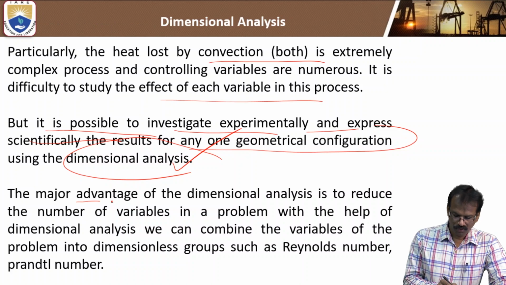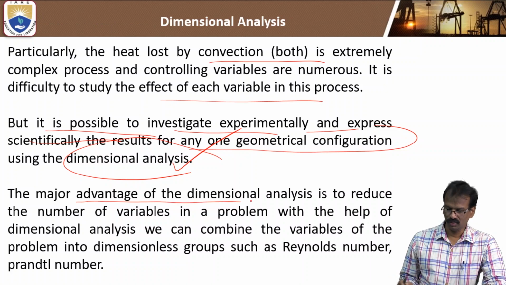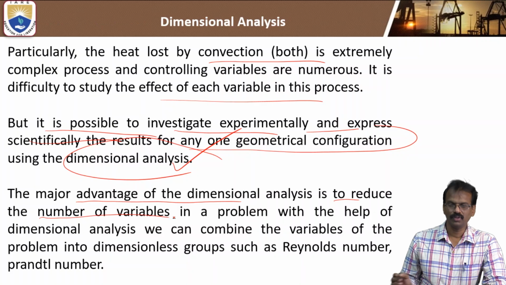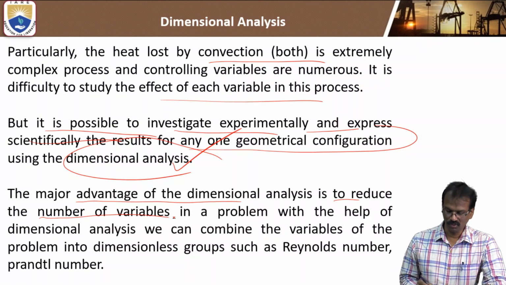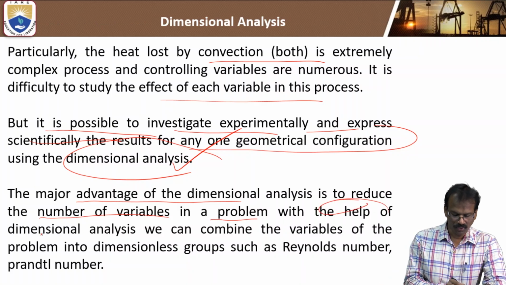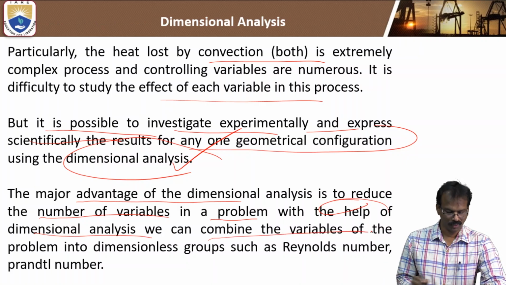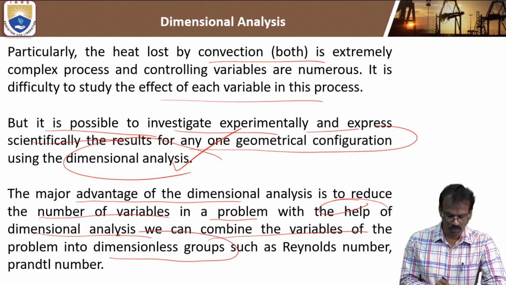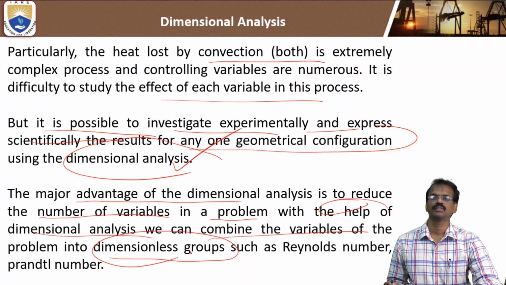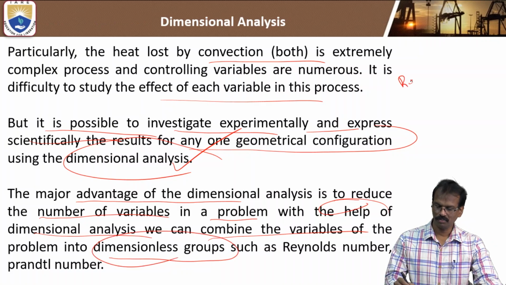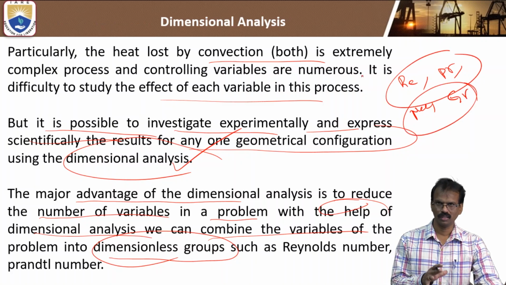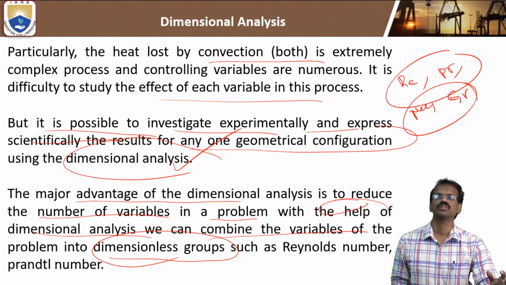The major advantage of dimensionless analysis is to reduce the number of variables in a problem, because we can combine the variables of the problem into dimensionless groups or dimensionless numbers, which are nothing but Reynolds number, Prandtl number, Nusselt number, or Grashof number. By using these numbers, we can easily understand the process of convection.